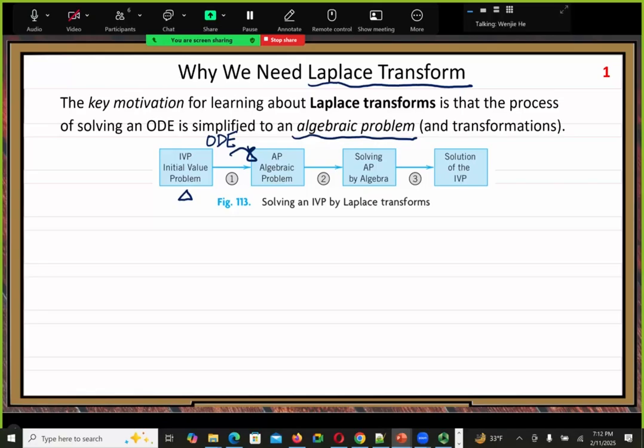that means this new problem does not contain any derivative or integral, just plain algebraic equations. Then it becomes much easier to solve. So you only need to solve that algebraic problem.